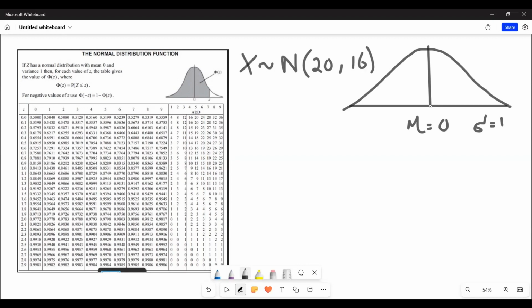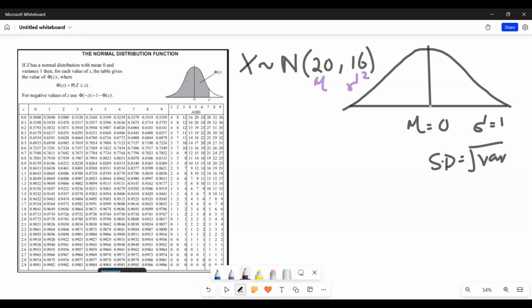Now, N means normal distribution, this means mu, and this means the variance, sigma squared. Remember, a standard deviation is the square root of variance. So 16 is the variance and mean is 20. That means the table cannot be directly used here.